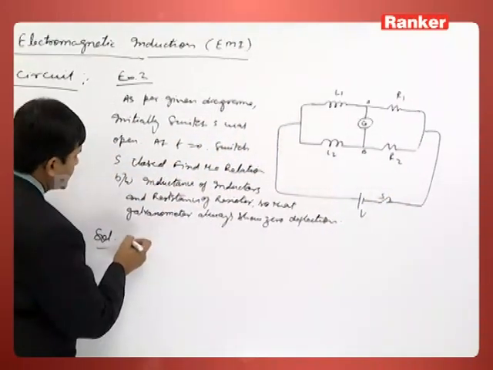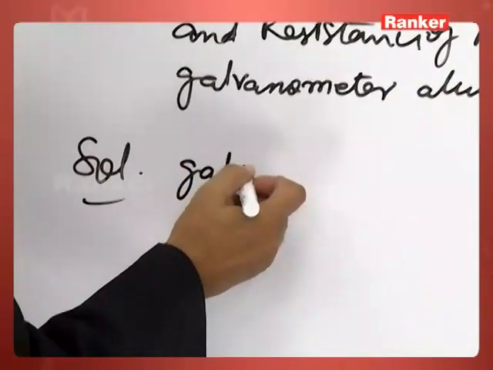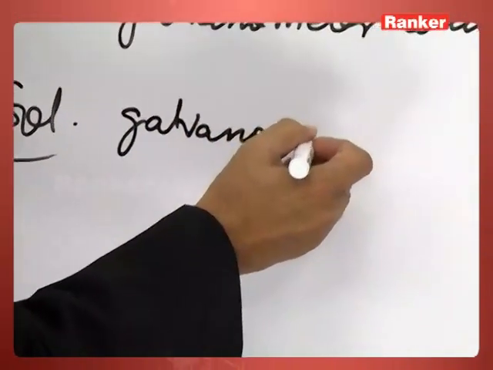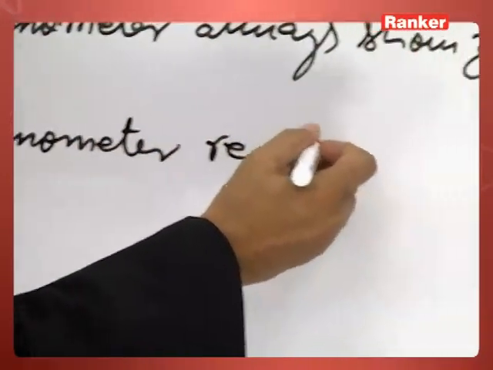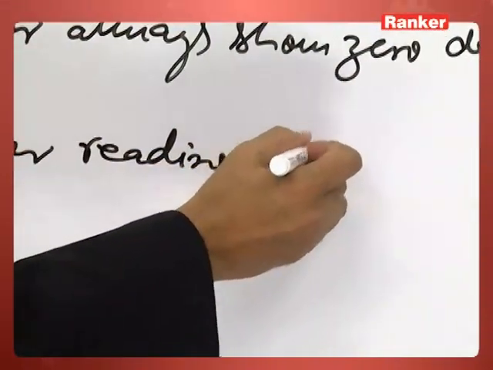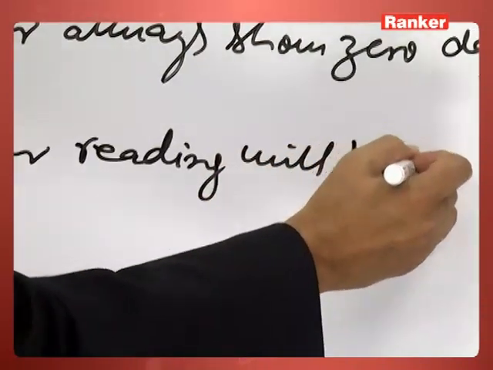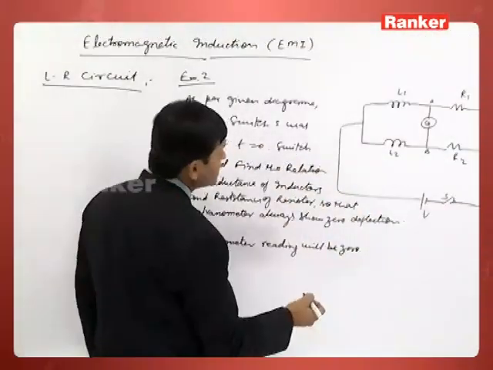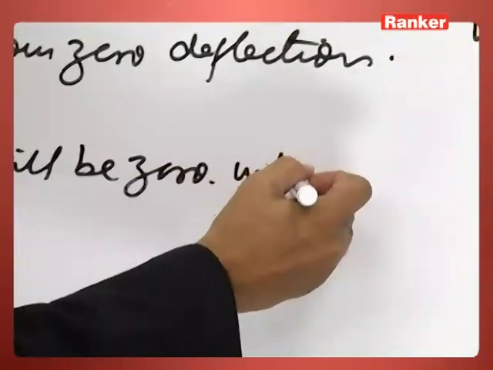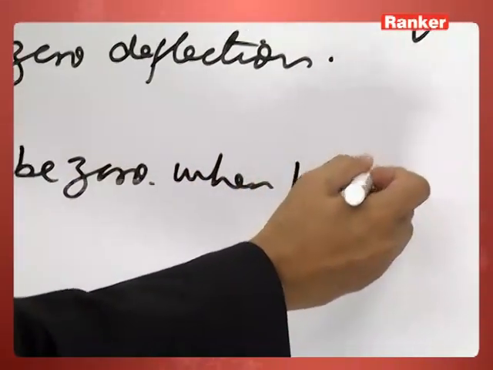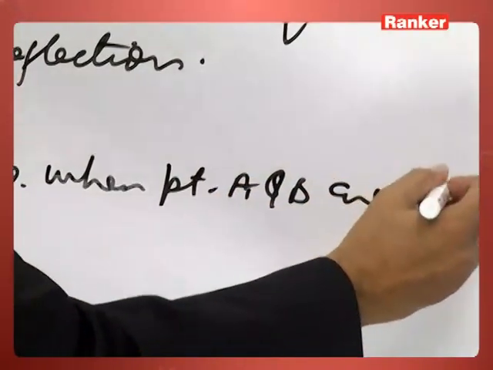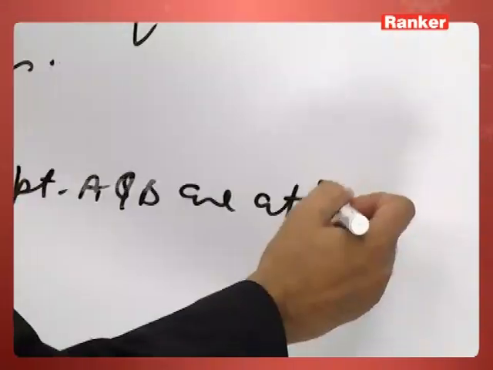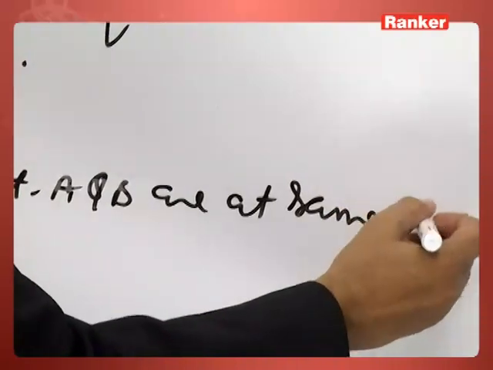The galvanometer reading will be 0 when points A and B are at the same potential.